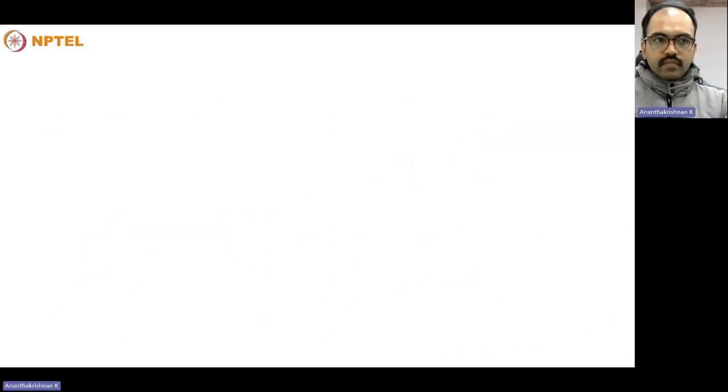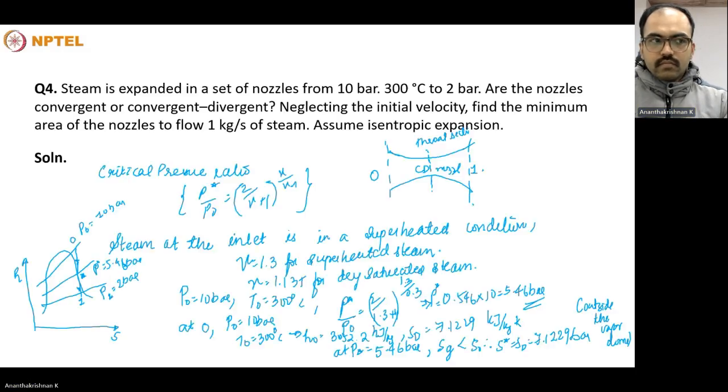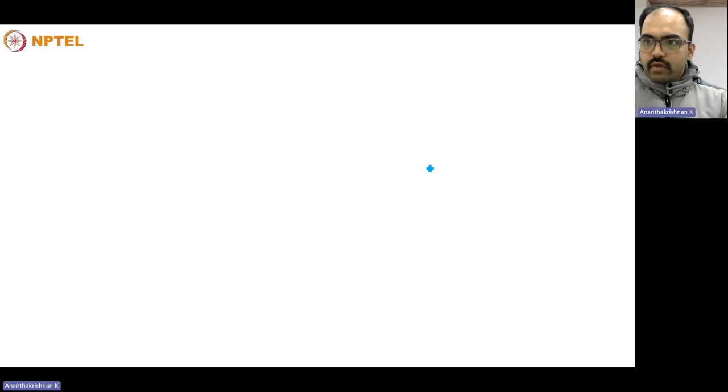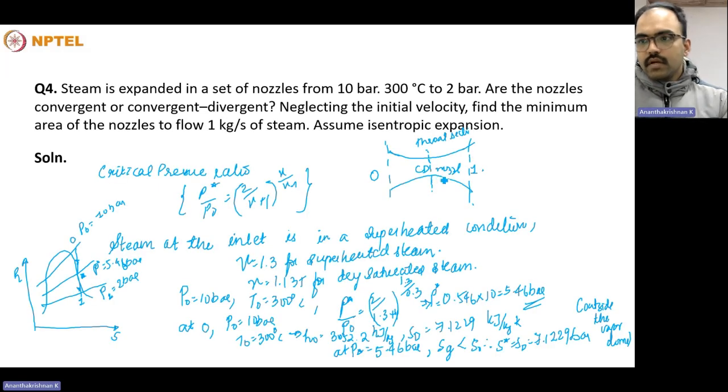Now we can confirm our initial assumption that there will be some throat section. This will be a convergent divergent nozzle, since the in-between pressure P star is not at the exit, it is at the intermediate point. So we can say that this is a convergent divergent duct.